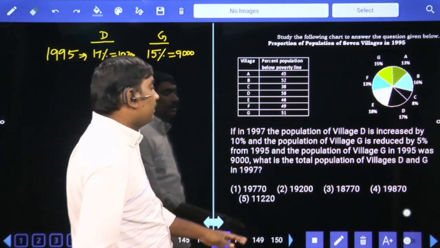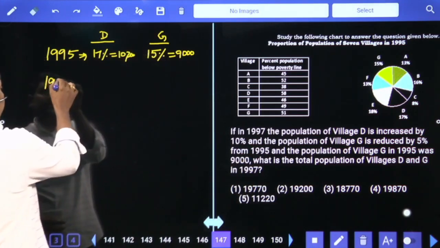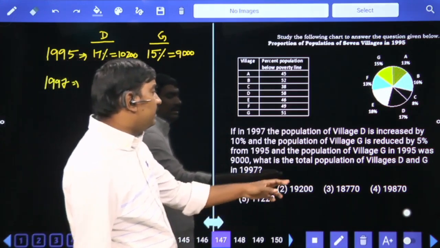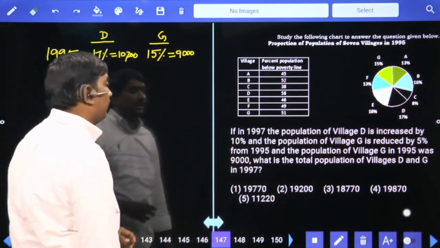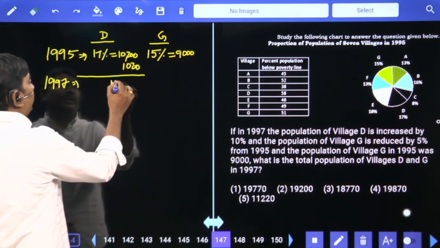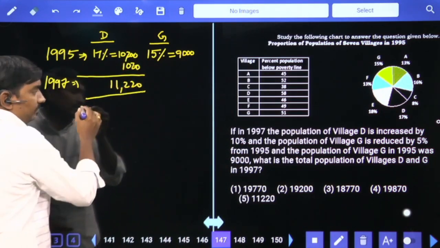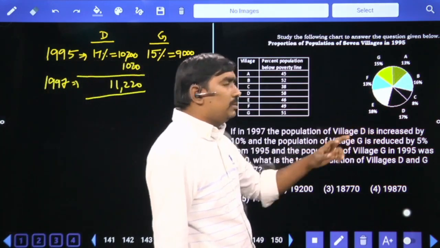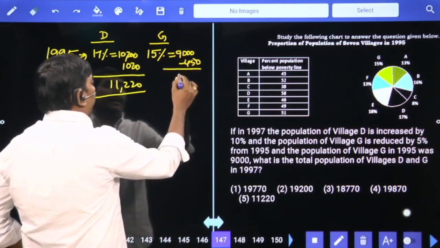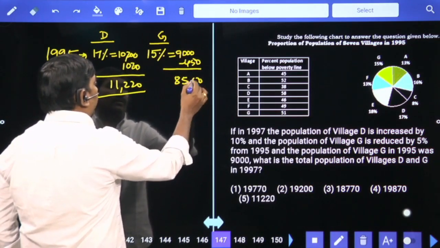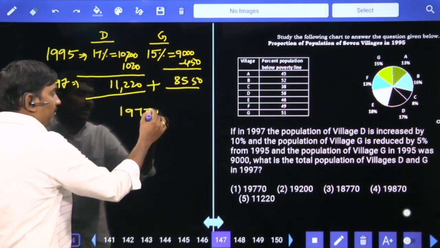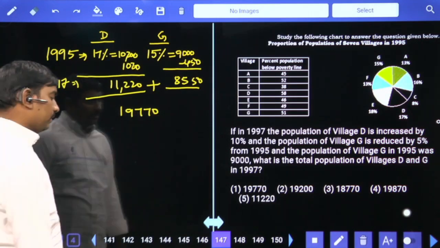In 1997, village D increased by 10% means 1,020 increases. It became 11,220. And G reduced by 5% means 450 reduces, remaining 8,550. Total 19,770 is your answer.